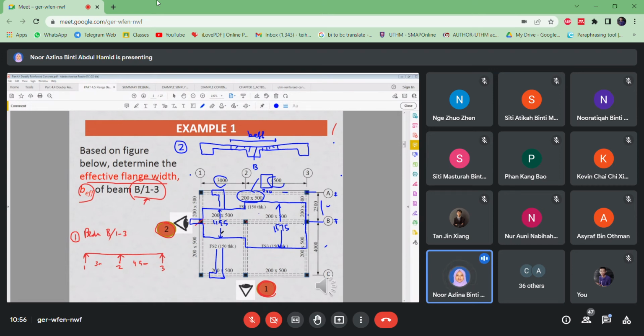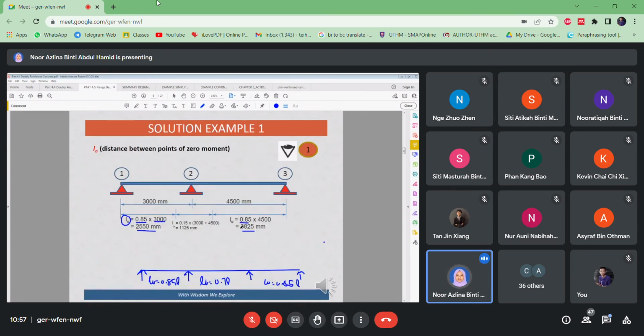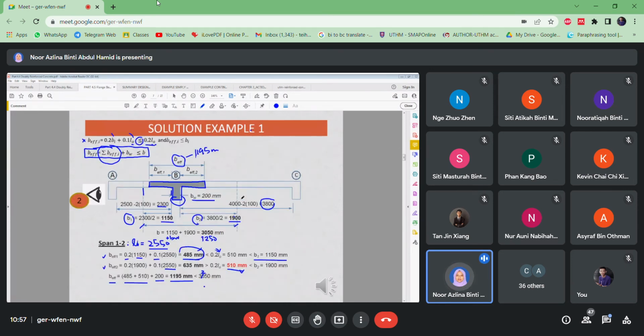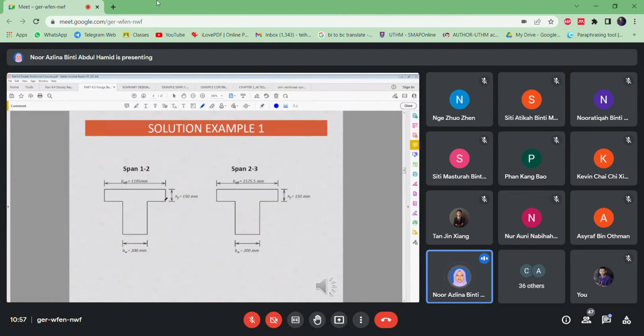So dia punya coverage, okay, for the T beam here, it will be different. So that means you have to design these two size of the beam section. So that means for this beam B akan ada dua section. Section for span 1 to 2 with the B effective 1195, yang lain samalah. The difference is the B effective.